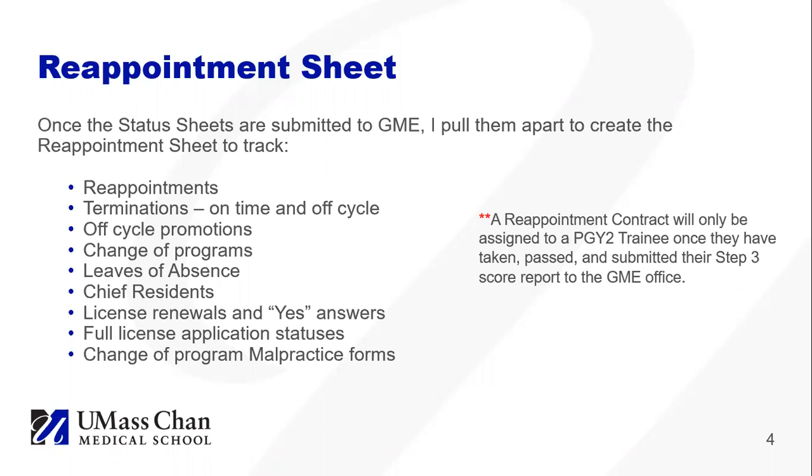It's part of their contract that they have to take, pass, and submit their Step 3 score report in order to promote to a PGY3. So if you have anybody that you're unsure about, check in with me. Anyone on your list whose name is highlighted in yellow is on our Step 3 list, meaning we either haven't gotten their score reports or they haven't taken it yet. I've been in contact with a handful of you on that, so if you have any questions, just reach out.